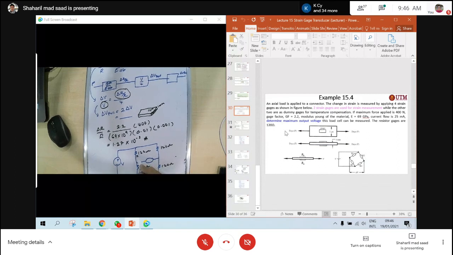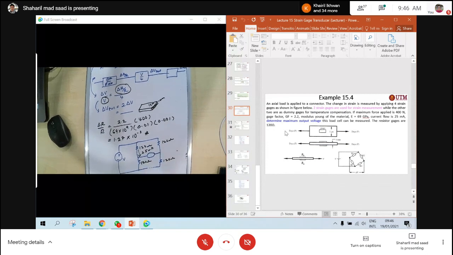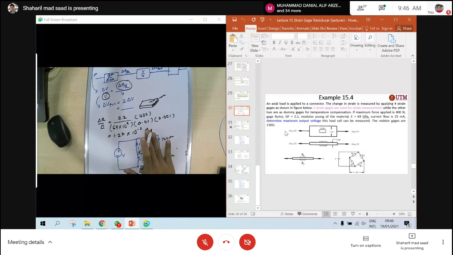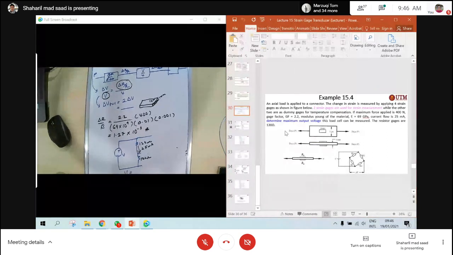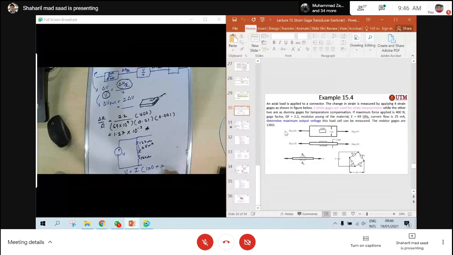That means the current flowing to this one is 25 milliamp. Alright, so we can find the current for this one. It is like when you close this one, right? So it is like if you don't have all this one. Okay, so V equals I times (120 plus 120 ohm).